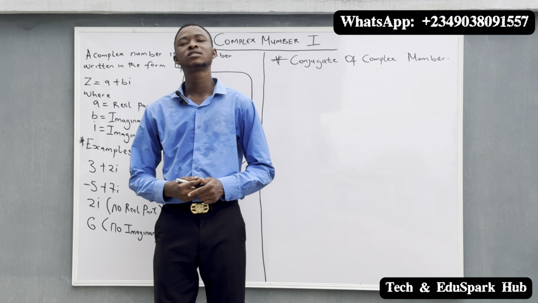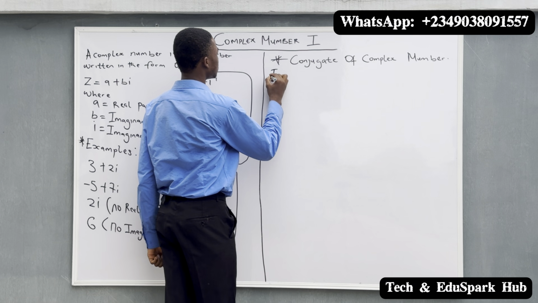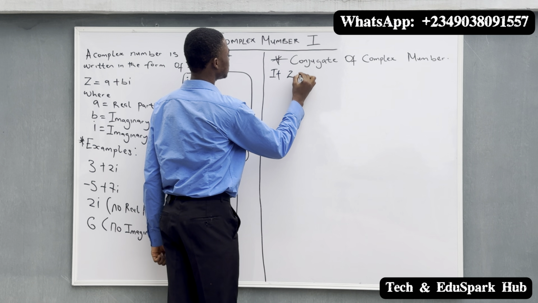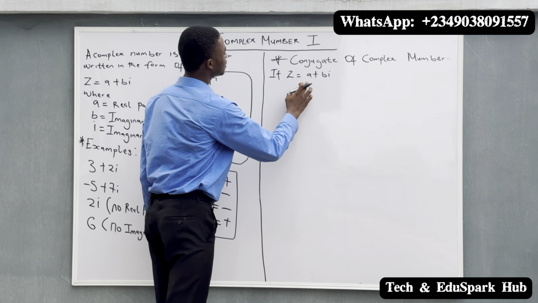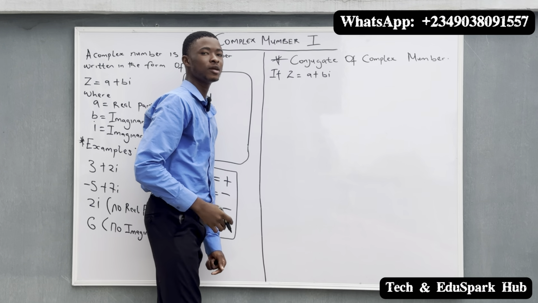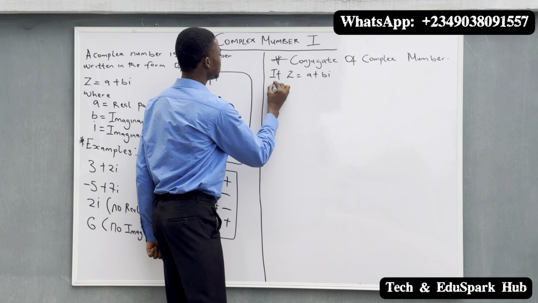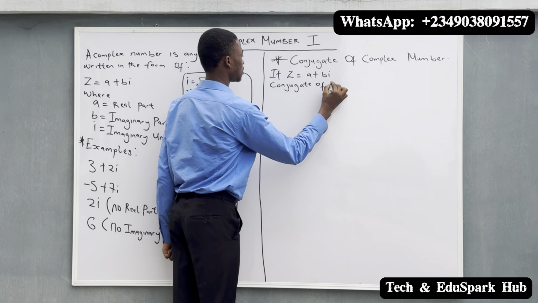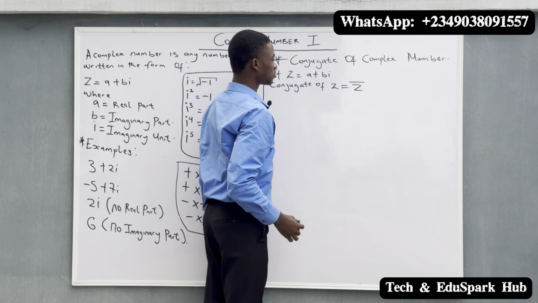Moving to the conjugate of complex number. Remember we said if Z is equal to A plus BI, in this case, you can see we have the real part, which is A, and the BI part, which is the imaginary part and the imaginary unit. So the conjugate of Z is denoted as Z with a hyphen on top.